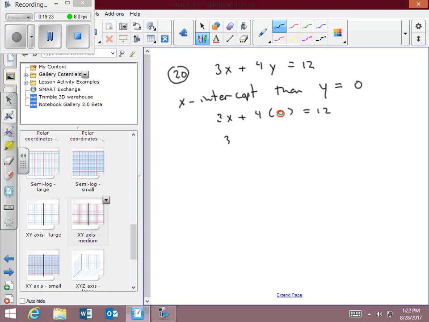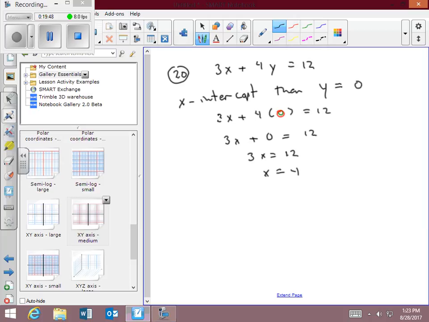So it's going to be 3x plus 4 times 0, which is 0, equals 12. So it's 3x equals 12. X has to equal 1/3 of both sides, right? 4.